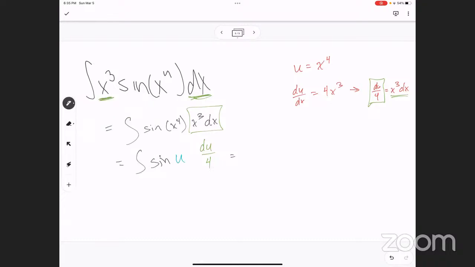So that equals 1/4 integral of sine u du. What's the integral of sine u du? Negative cosine u plus c, which means it's negative 1/4 cosine of x to the 4th plus c.